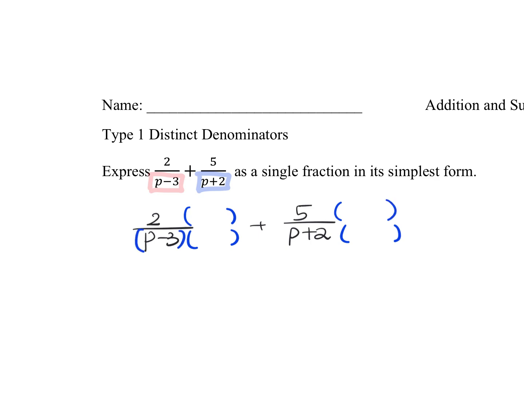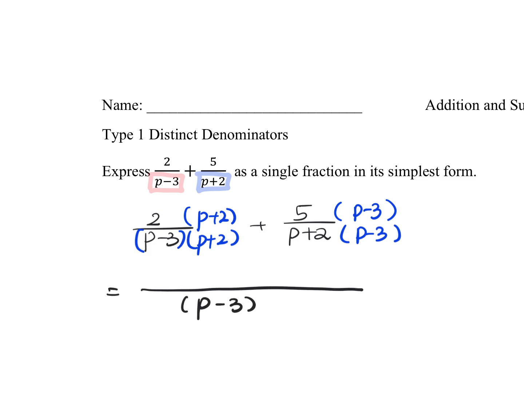Here, since we have the factor p minus 3, but p plus 2 is missing, we will multiply by p plus 2 to both the numerator and the denominator.